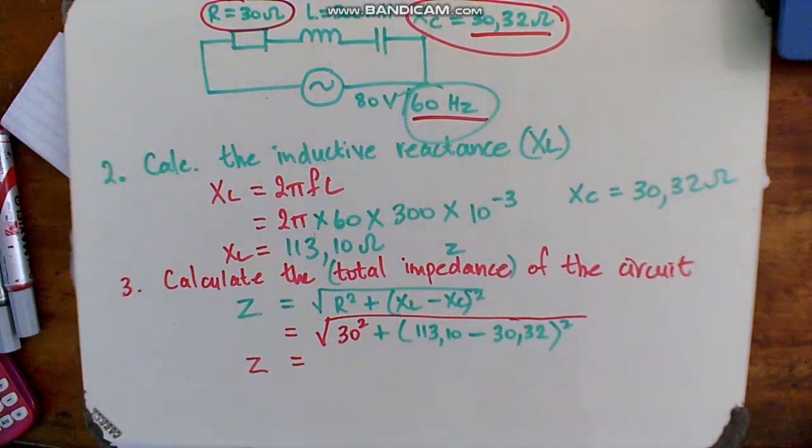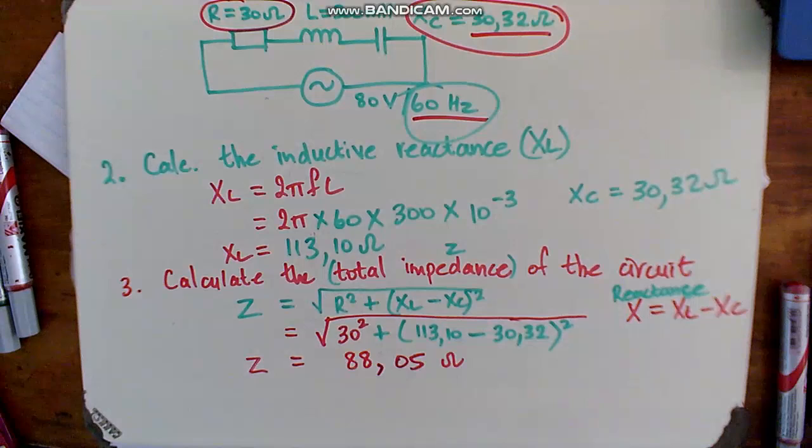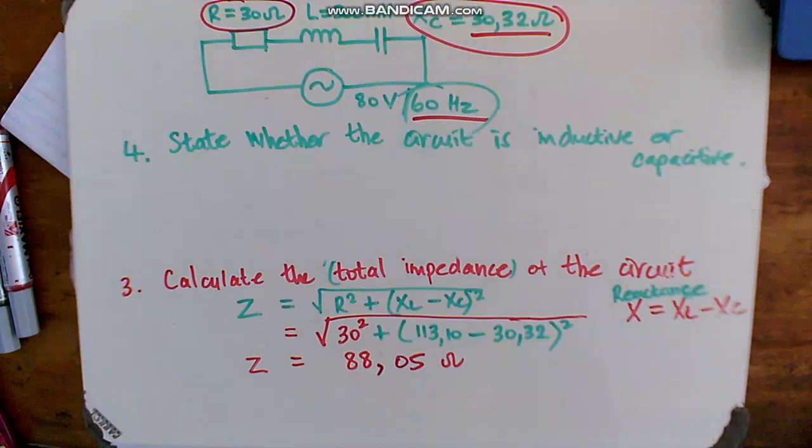We then substitute into the formula. R is 30, XL is 113,10, and XC is 30,32 all squared. So first we have to subtract the two numbers and then square them. Remember that reactance is XL minus XC. Reactance is actually X. And then we'll get the impedance on our calculator, 88,05 ohms.